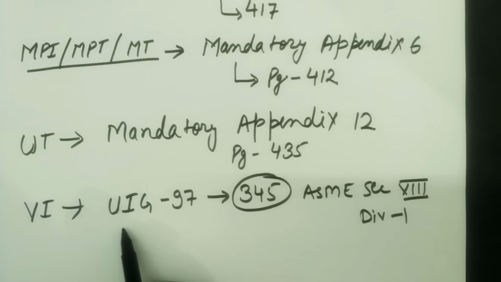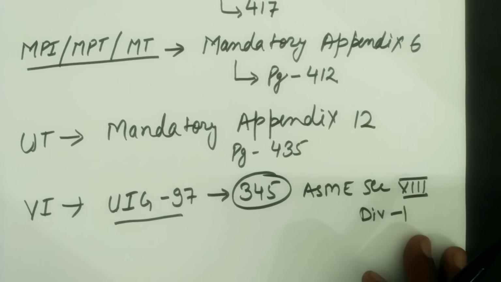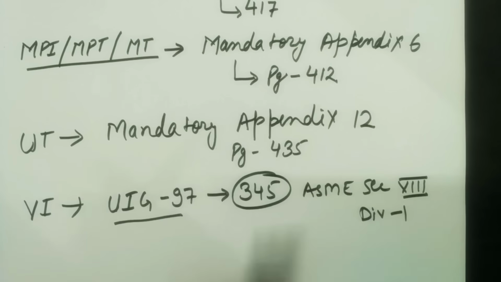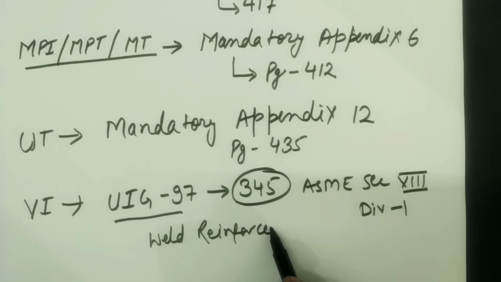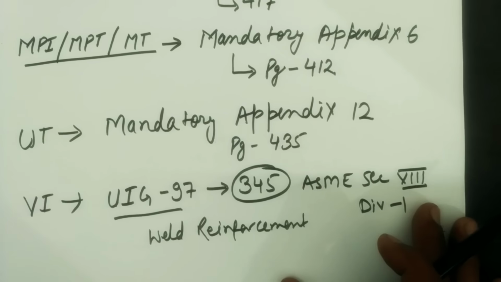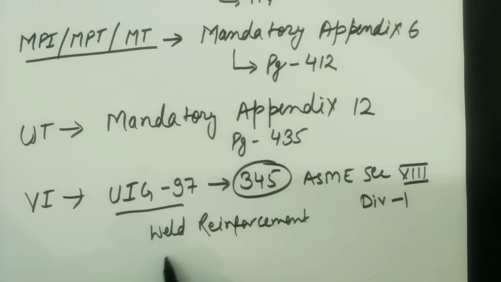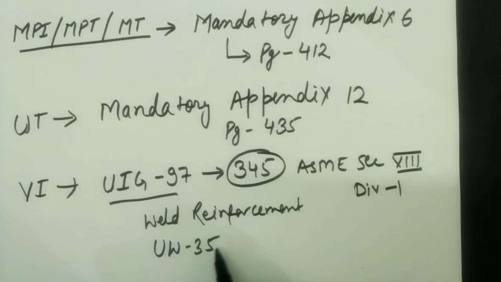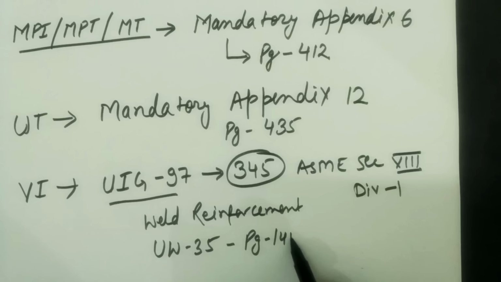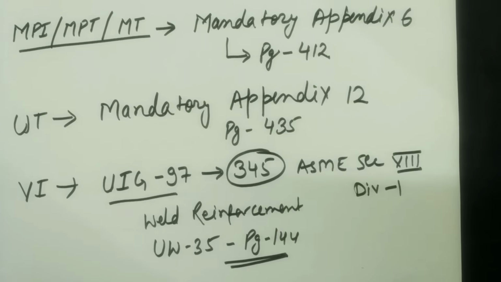In UIG-97, you will not find the weld reinforcement criteria. For weld reinforcement, you need to refer to UW-35, and UW-35 is given in page number 144.